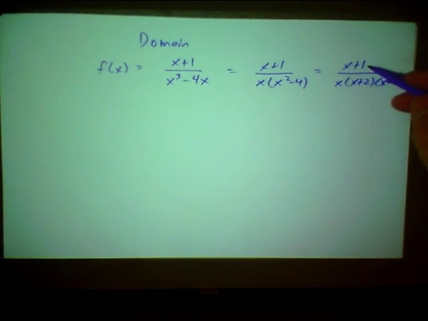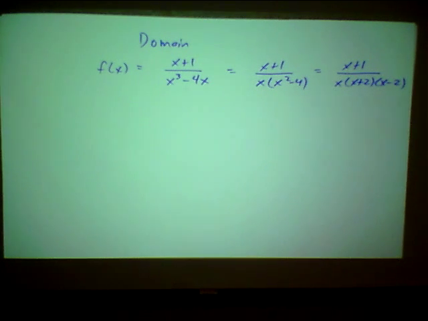Let me make a point now. This numerator, this x plus 1, means nothing, does not impact my domain. All I'm going to do is look at the denominator. And in the denominator, I actually have three factors. I've got x, and the parenthesis x plus 2, and the parenthesis x minus 2.